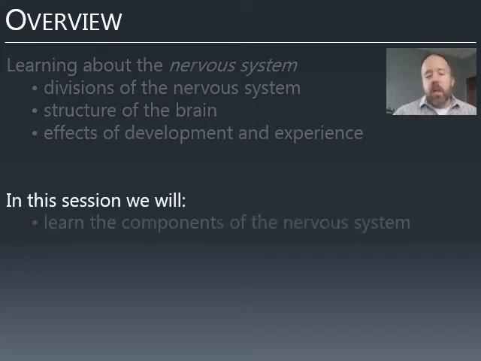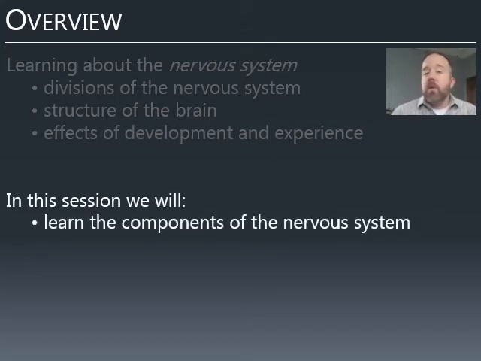So in this session in particular, what we're going to do is first learn the different components of the nervous system. As I've said, there are several divisions. Some are complementary, some are opposing. But we'll see that the nervous system has a hierarchical structure. So there are different parts to the peripheral nervous system. Some of those parts have their own subparts.